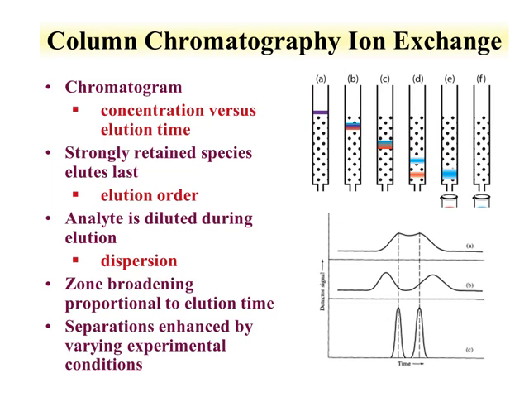Now, during this experiment, we also see that as we start off, we have a relatively tight band of analyte metal ions, and as it travels through the column, we get dispersion. This dispersion is a parameter that one would like to be able to control. This zone broadening is proportional to elution time, and the separations can be enhanced by varying the experimental conditions.